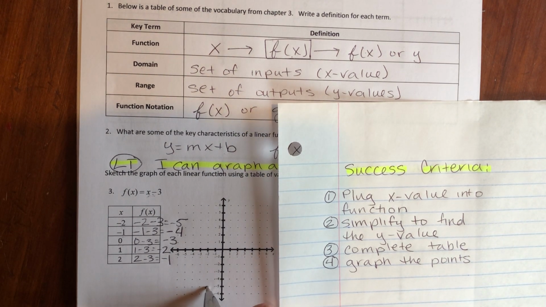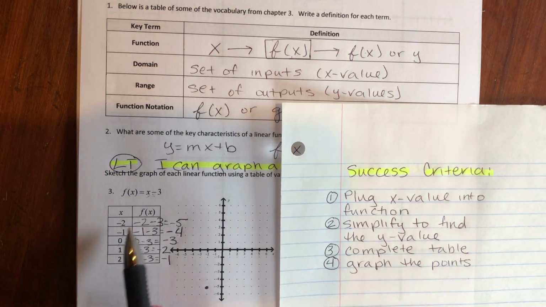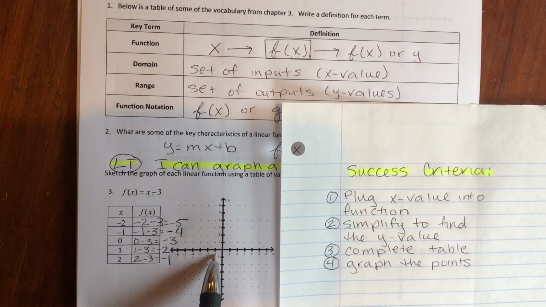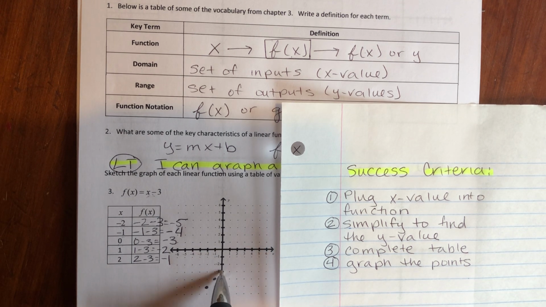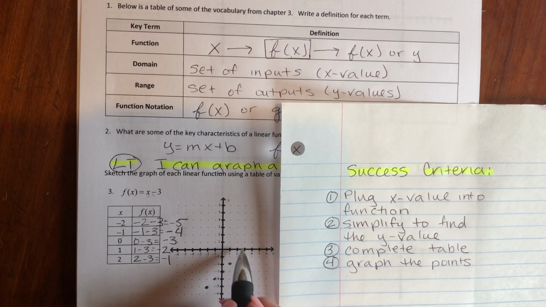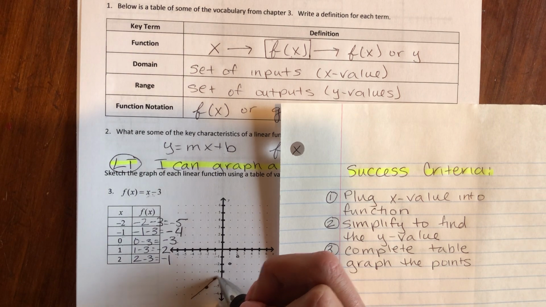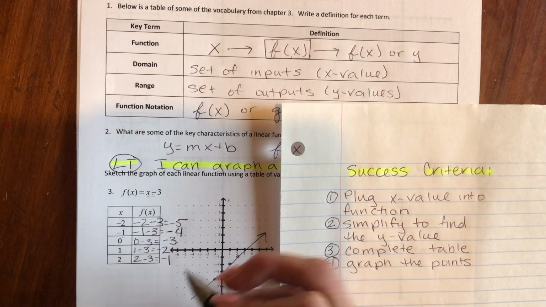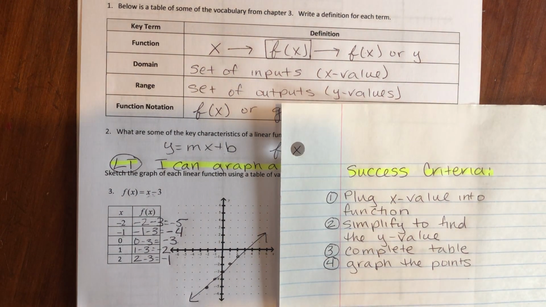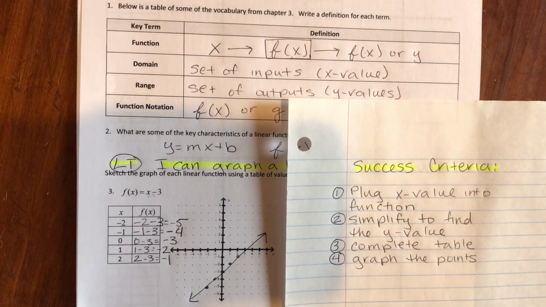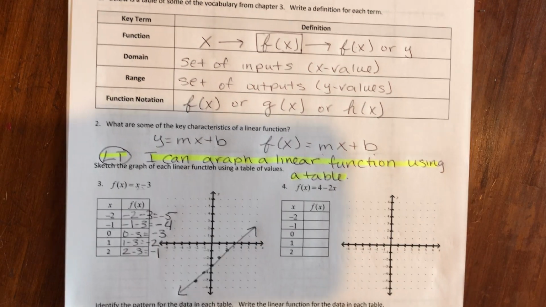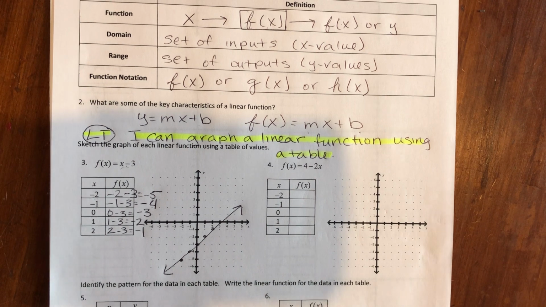There's my first point. -1, -4 is right here. 0, -3. 1, -2. 2, -1. And that makes our straight line there. Okay, go ahead and try this one. Pause the video, try that on your own.